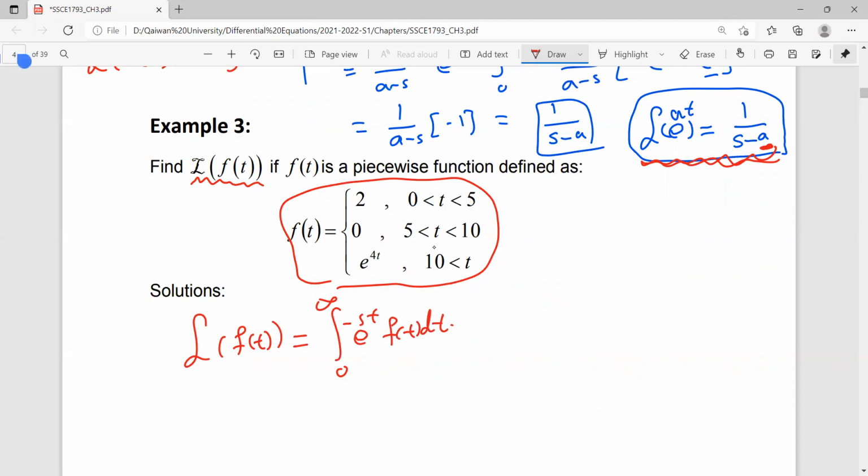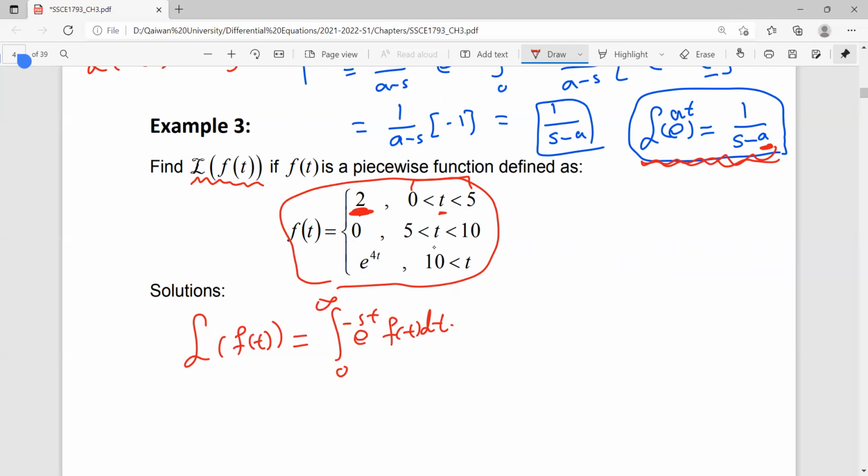We use this rule for finding the Laplace transform of this function. And this is a piecewise function. It's separated into some sub-functions here. f of t equals 2 when t is from 0 to 5. That means the limits of the integration for the function 2 are from 0 to 5.